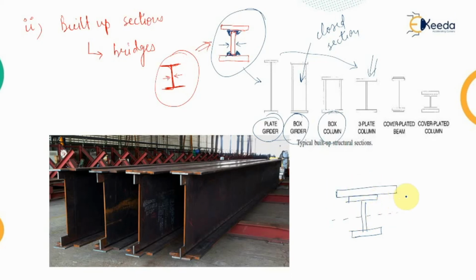So from the neutral axis, the mass of the maximum material is shifted outwards, which increases the moment of inertia, which in turn increases the moment carrying capacity and reduces the stresses coming onto the section. So that is the use of the built-up sections, which is primarily seen in the case of the bridges. So you might have seen these kinds of box sections which are used in bridges.